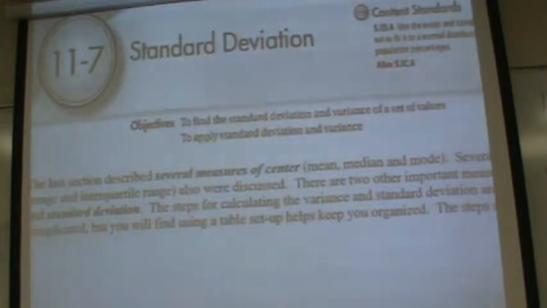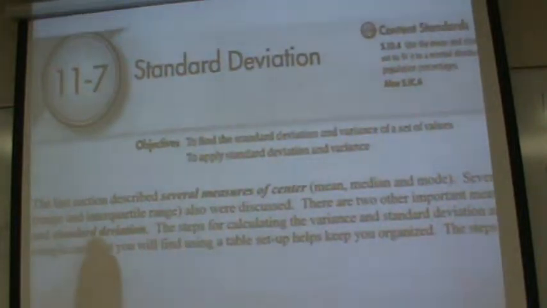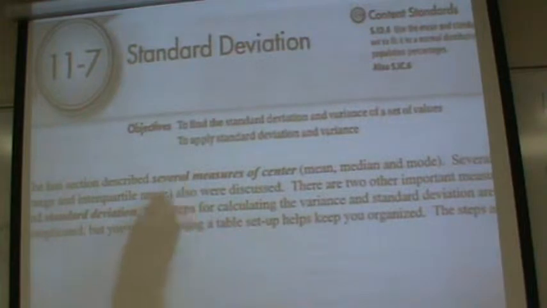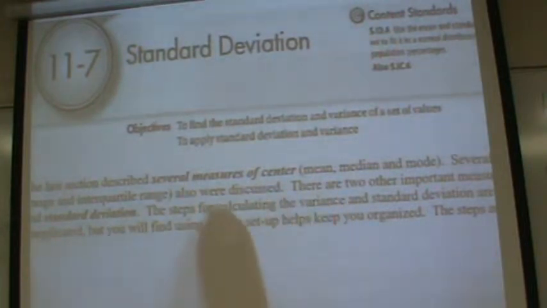Okay, so the last few days, we've been talking about measures of central tendency. Measures of central tendency centers around the mean, median, and mode. Okay, that's the middle values. And then we talked about measures of spread.